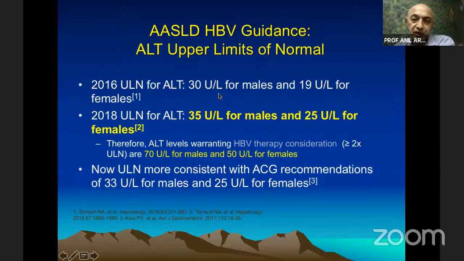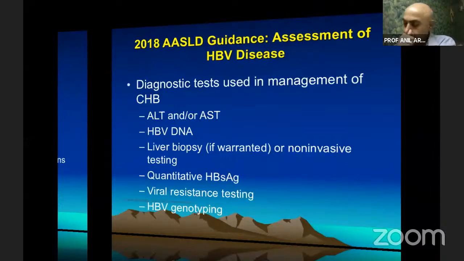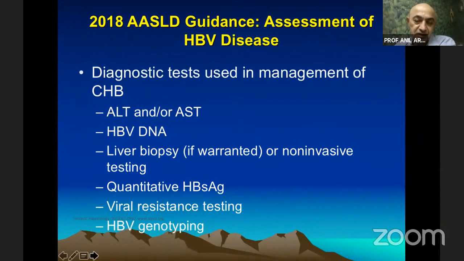Currently, it is believed that any female who has an ALT of more than 19 and any male who has an ALT of more than 30 is said to have abnormal ALT. So normal ALT is 19 in females and 30 in males. And whenever we want to treat hepatitis B, this is what we have to remember.